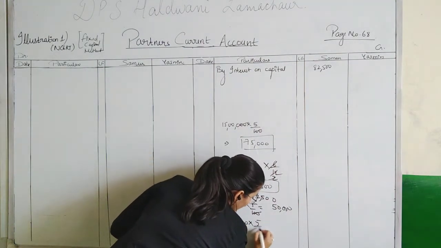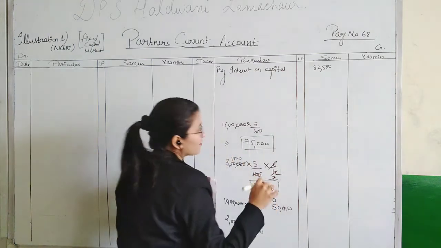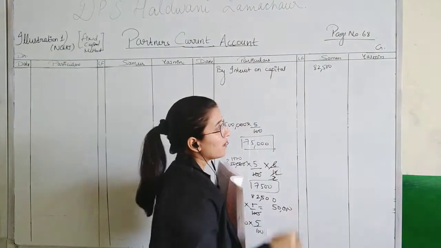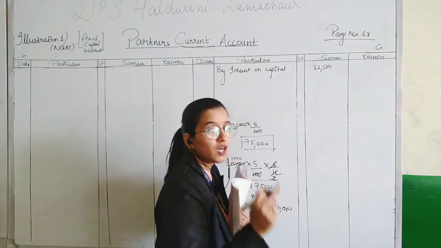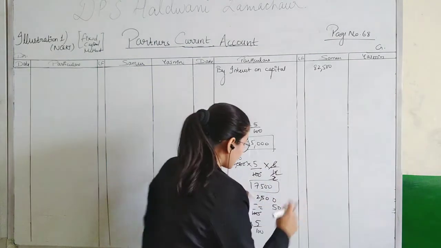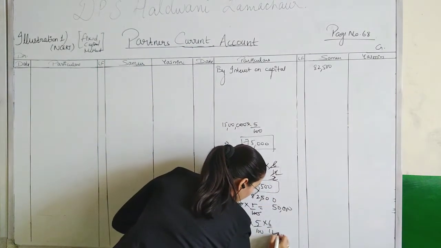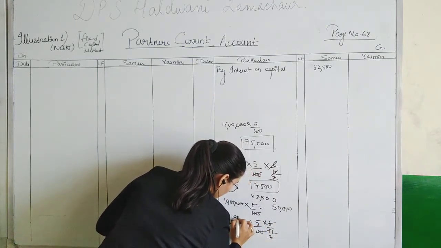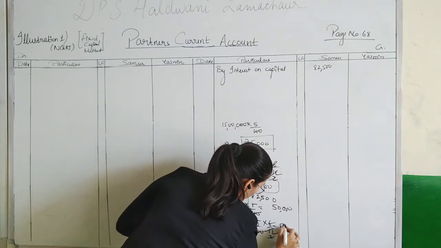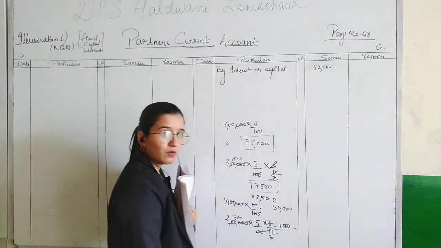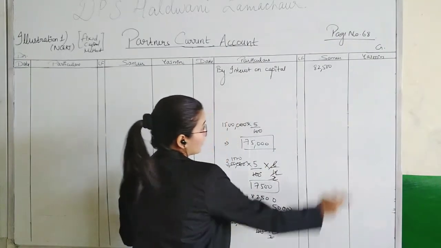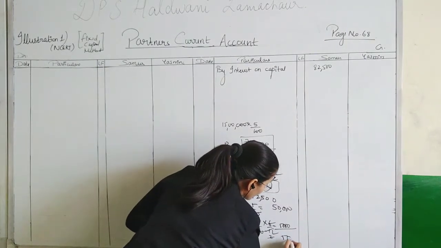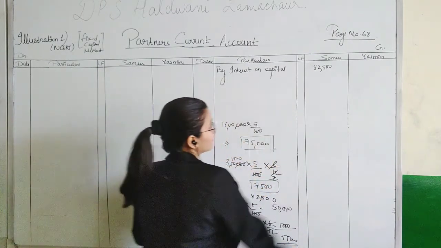Rate of interest is 5%, and Yasmin has brought in the capital on 1st July. Books are closing on 31st March. So the time period will be 6 months. This is 5,000. So the total amount of interest on capital allowed on Yasmin will be 55,000.